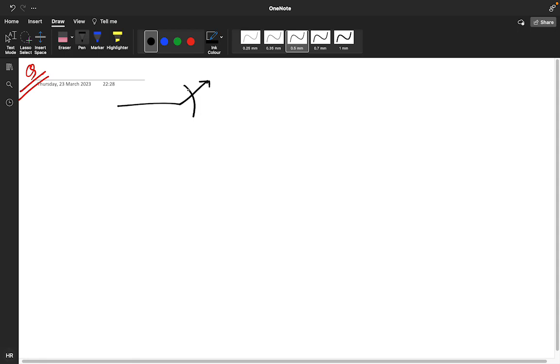So at t is equal to 0, you are switching on the circuit.